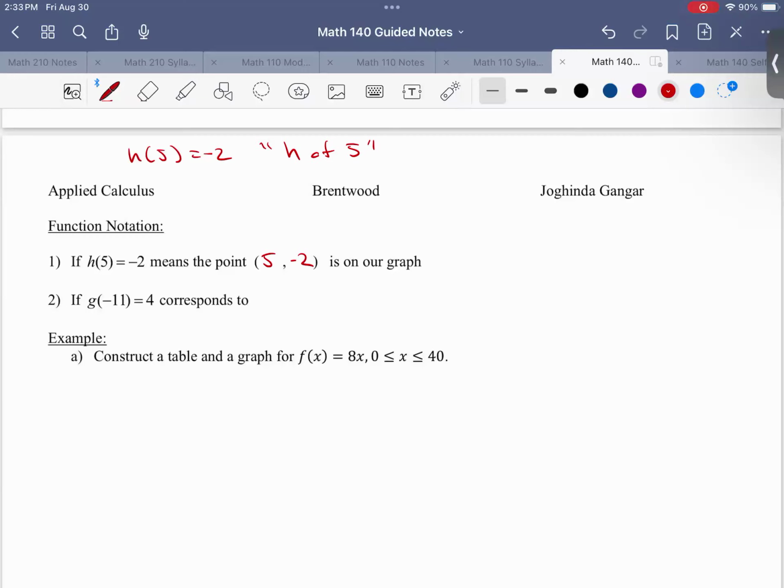So this is your x value, your input, and that is your y value, your output. So this is how it's related to evaluating functions. And likewise, if g of -11 equals 4, that means -11 is our x value and 4 is our y value. And that gives us a coordinate point of (-11, 4).